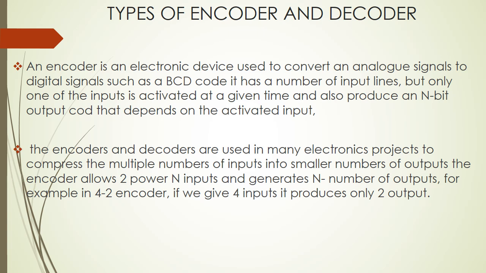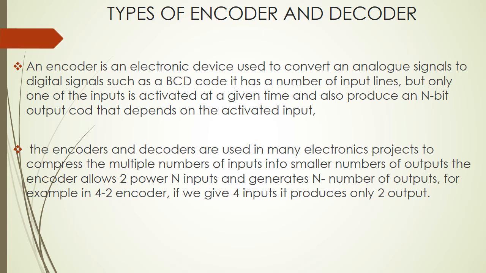So let's look at types of encoder and decoder. An encoder is an electronic device used to convert analog signals to digital signals, such as BCD. BCD refers to binary coded decimal. It's a system for representing decimal numbers using binary digits.